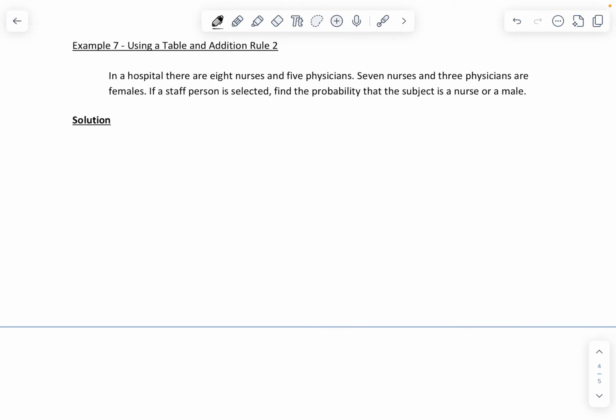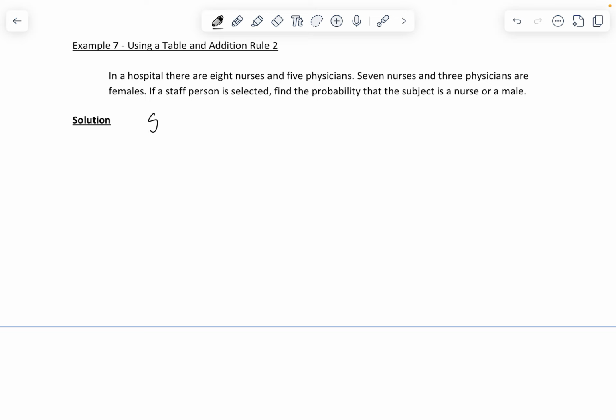In a hospital, there are 8 nurses and 5 physicians. 7 nurses and 3 physicians are females. If a staff person is selected, find the probability that the subject is a nurse or a male. So for this one, it would be helpful to make a little table.